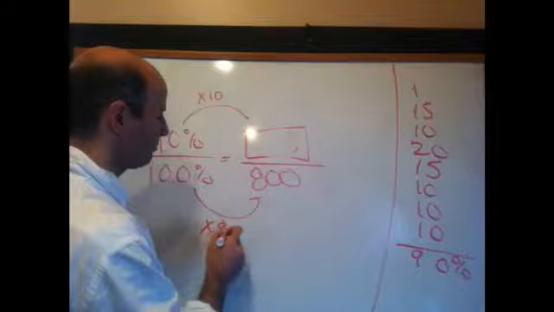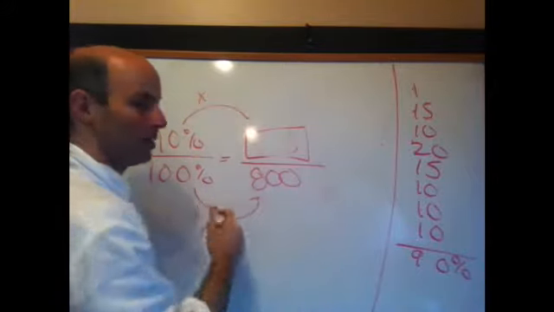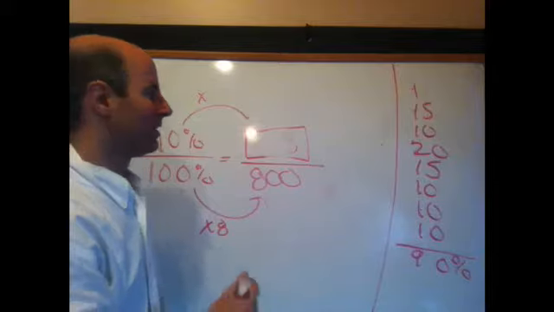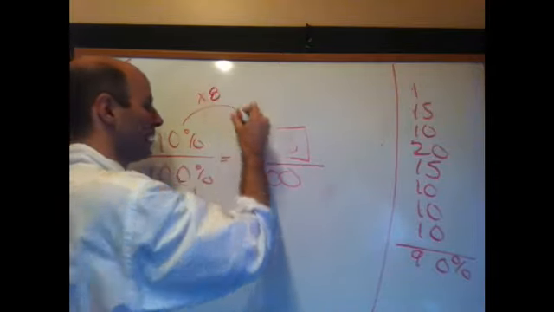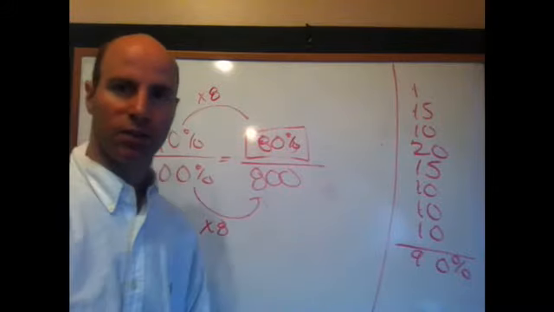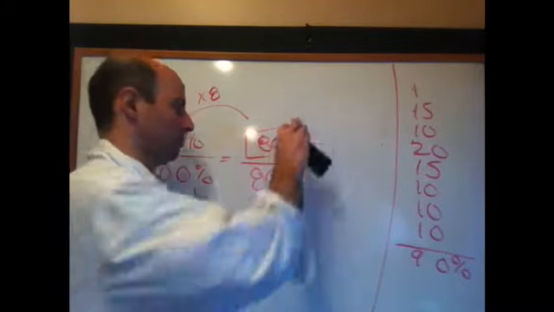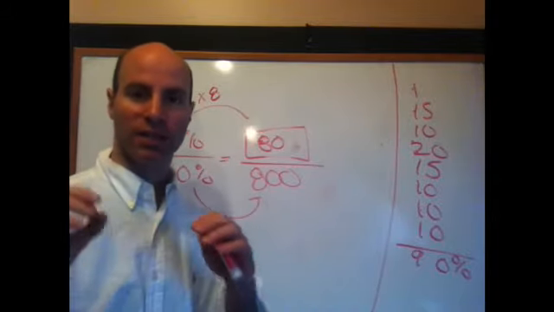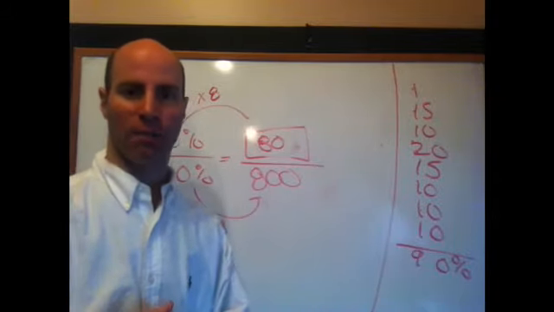So again, 100 times 8 gets 800. What I do to the bottom, I have to do to the top. It's only fair, right? 10 times 8 would get me 80. So roughly 80 students out of 800 were not active in either dance, economics, or math.